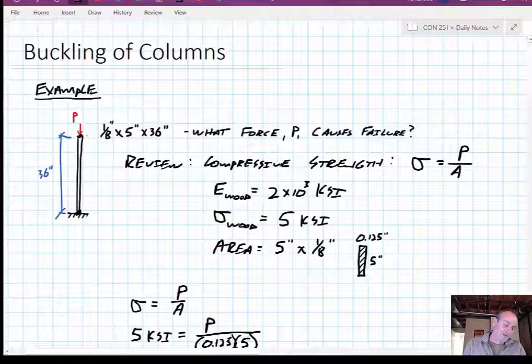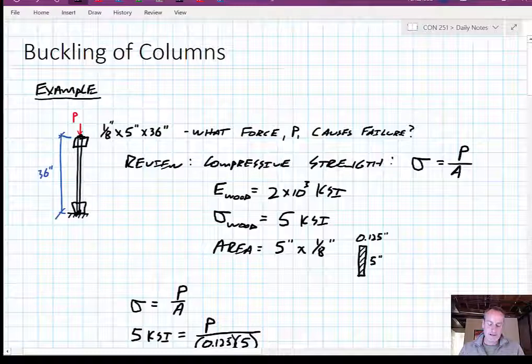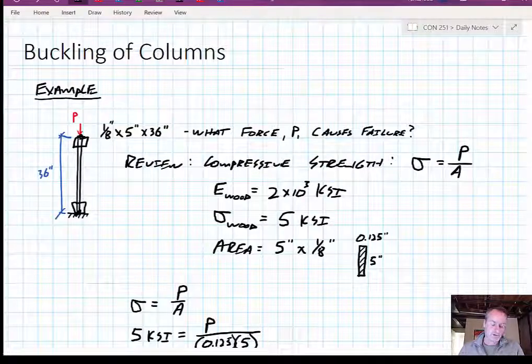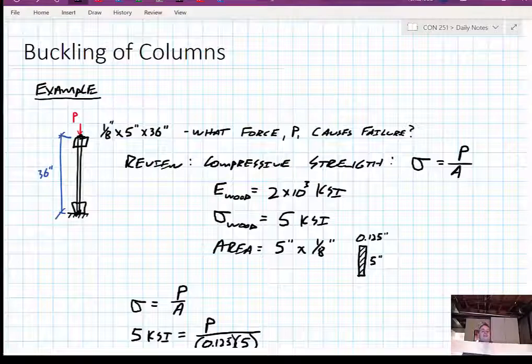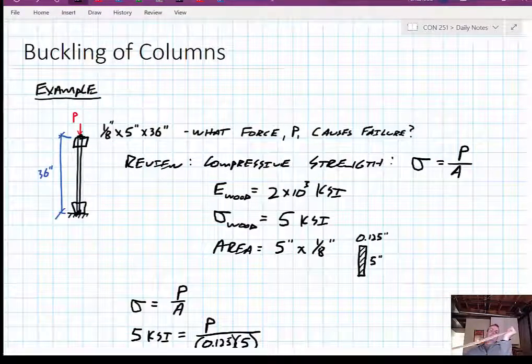If I were to clamp it down, you can imagine it would give it much more strength. I'm not going to get into that in this class, but if you've seen this before or when you move on, it's just another variable you have to add into the equation if it changes. But in here, we'll assume it's always just a pin. And what that means is as I put my force, it's free to rotate either direction. It's not clamped down in any way, right?